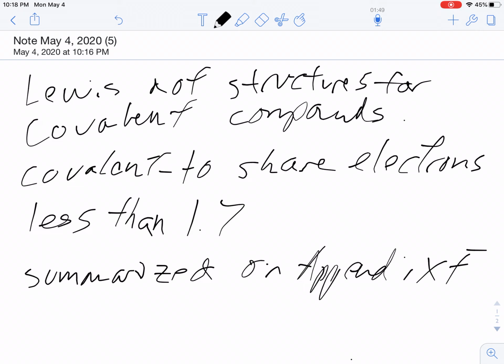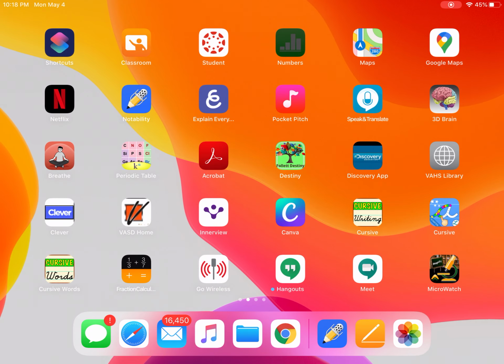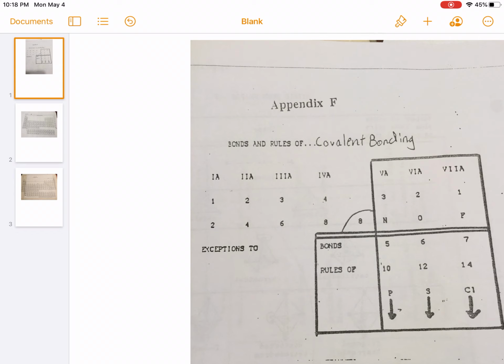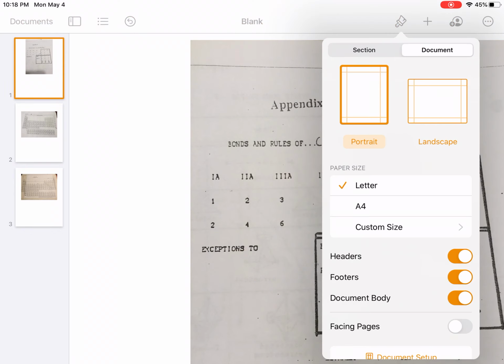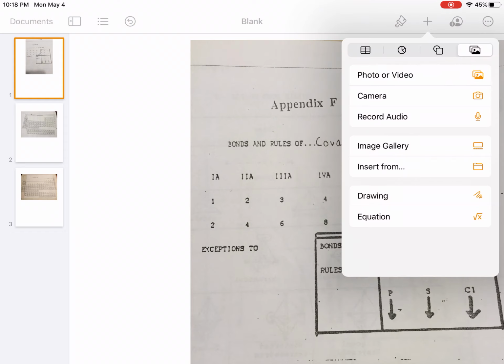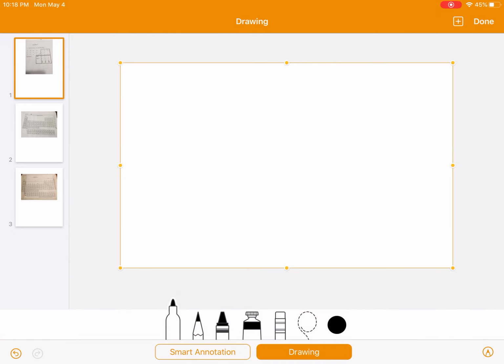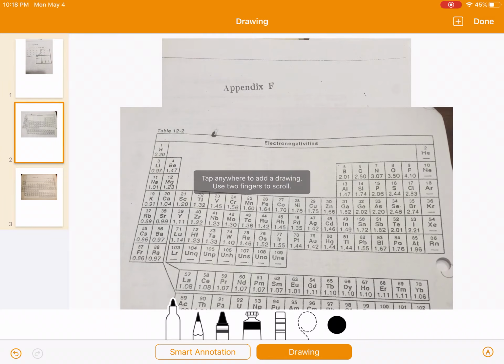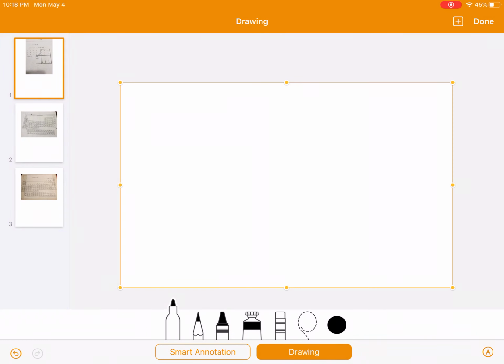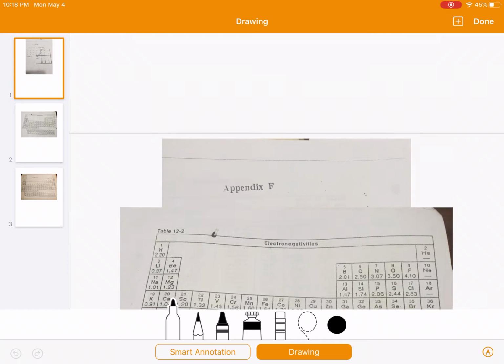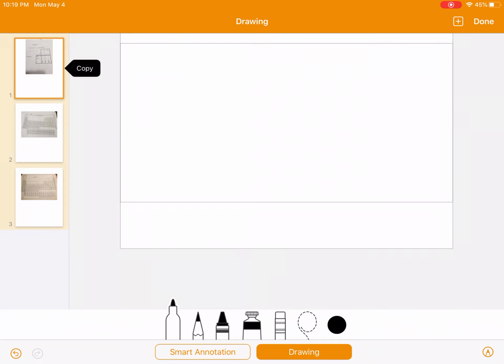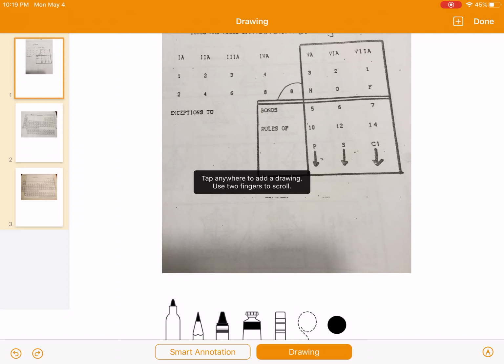All right, so let me just show you a picture of Appendix F, okay? Appendix F summarizes the rules. There we go.